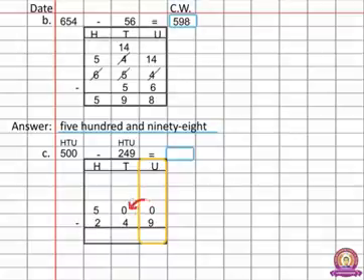Since we have 0 in the tens column as well, we will borrow 100 from the 5 hundreds that are there. Strike 5 and write 4. 100 plus 0 tens is equal to 10 tens. Strike 0 and write 10.